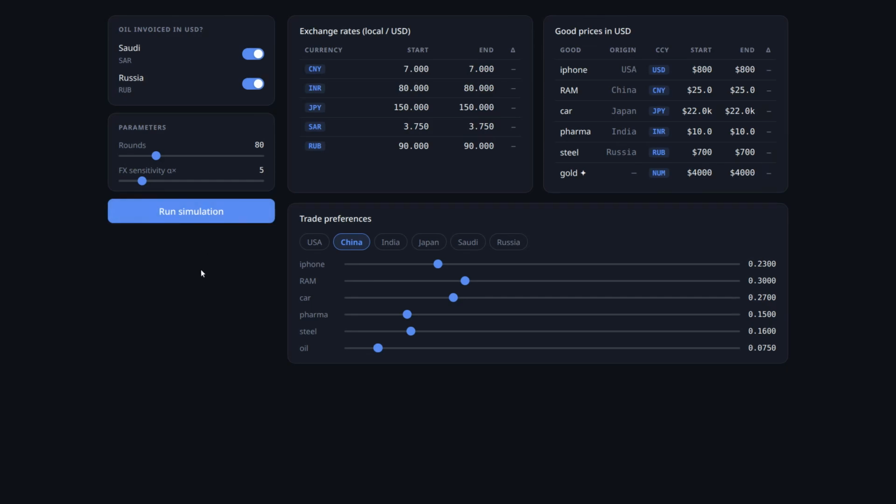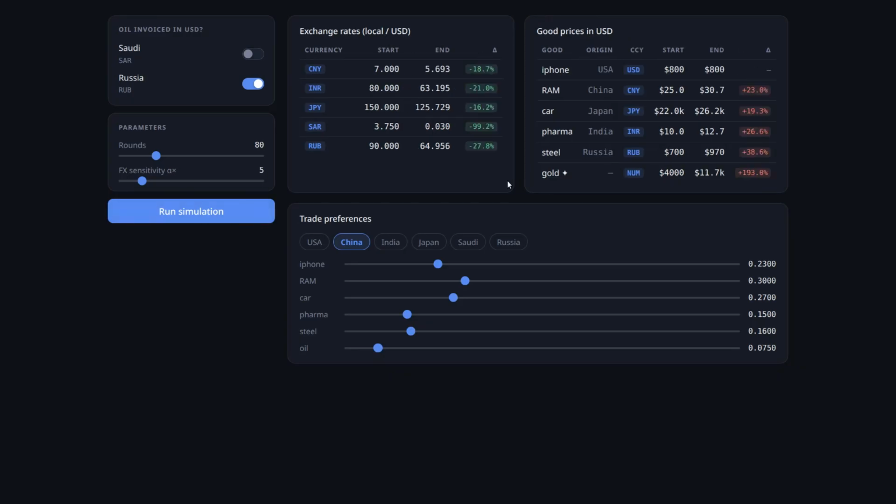Here the prices are stable. If Saudi Arabia decides to sell their oil in another currency, prices in the United States go up. It's that simple. And the more countries that decide to do that, the worse it will be for the United States.